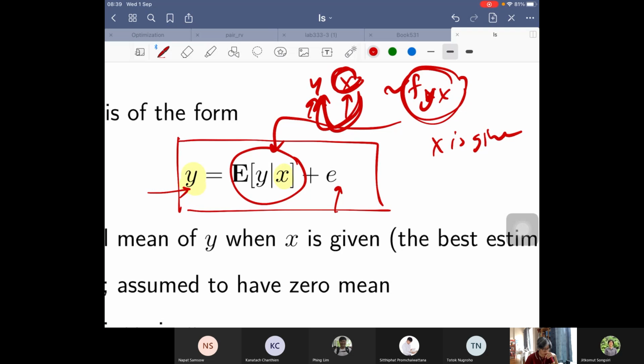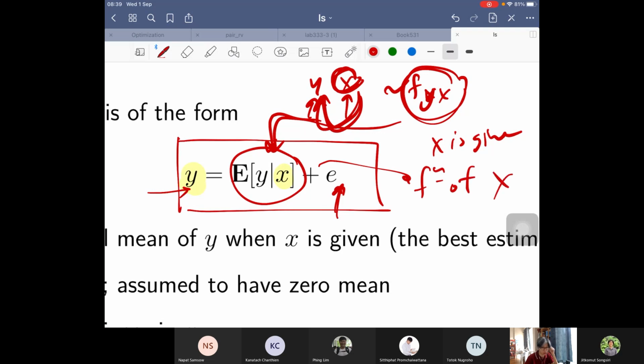We will see this result when we talk about statistical estimation, but as of now, you can just take this as a statement. We all know that the conditional mean of y given x is a function of x.